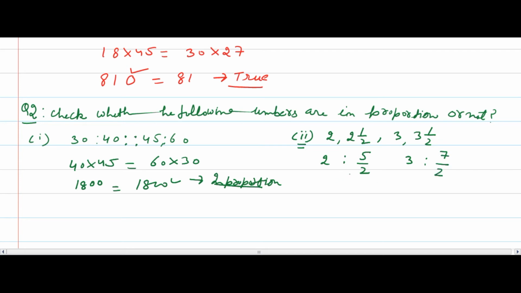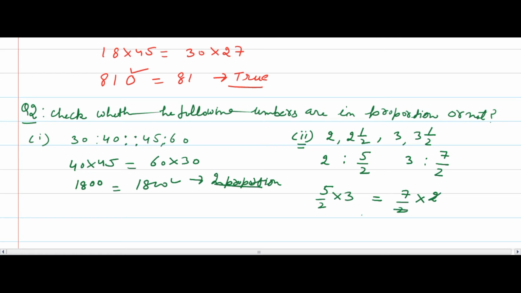Now if we want to do it in the simple way, we can do product of means: 5/2 multiplied by 3 equal to 7/2 multiplied by 2.